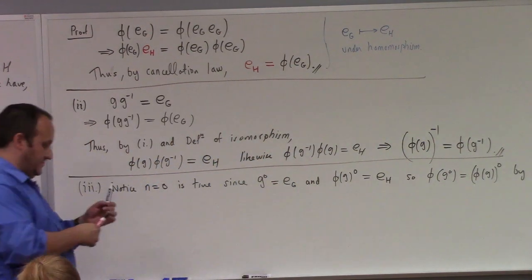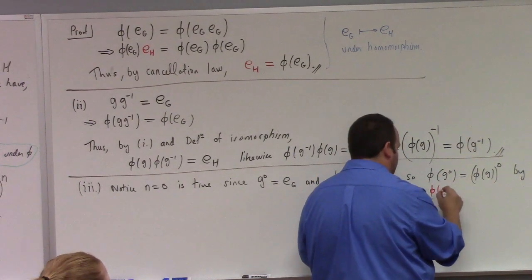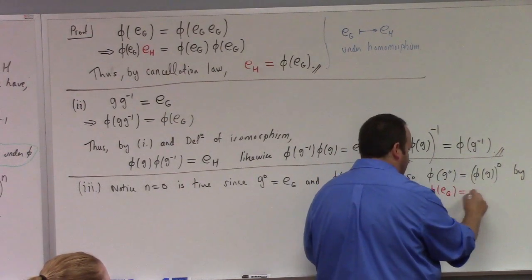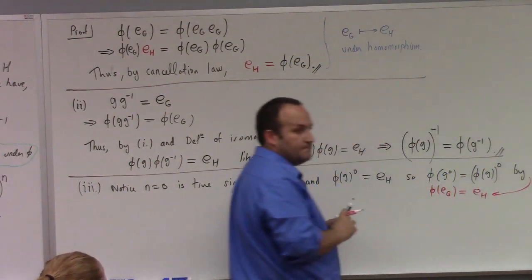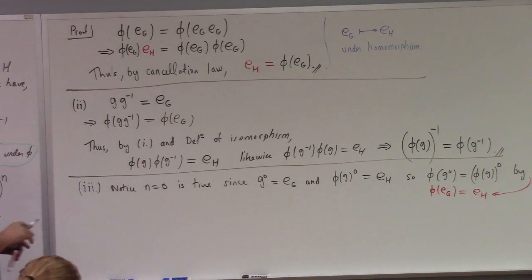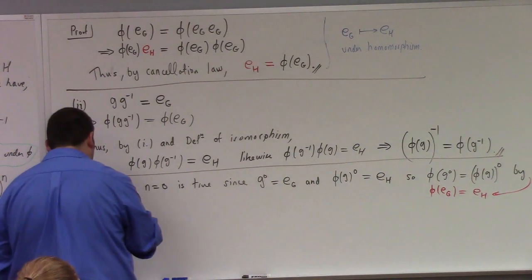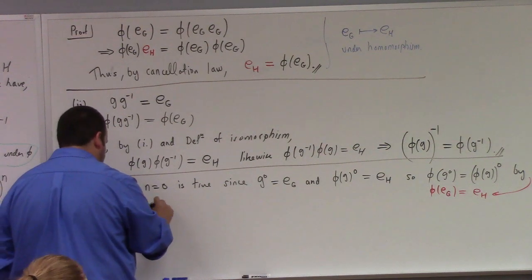So, let me decode this. This is nothing more than phi of EG is equal to EH, which we know that's 1. So let's suppose n is positive. Also, well, one other comment. Also, n equals 1 is true.